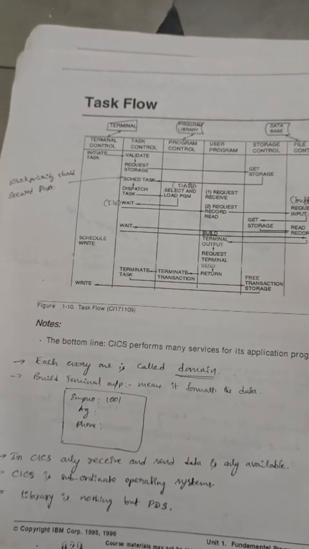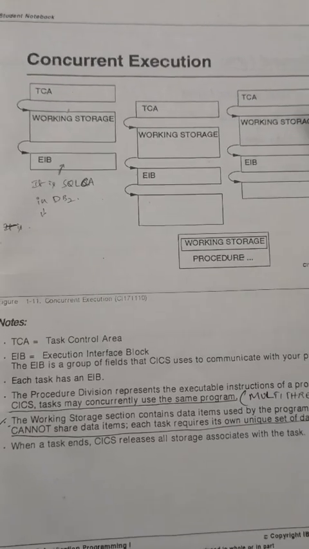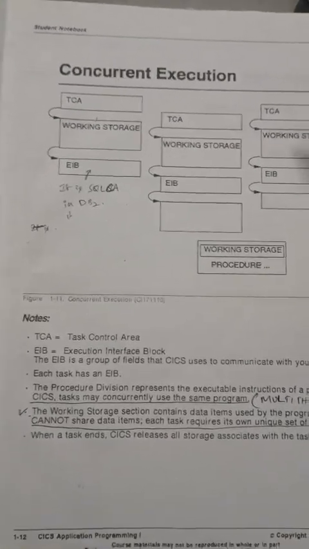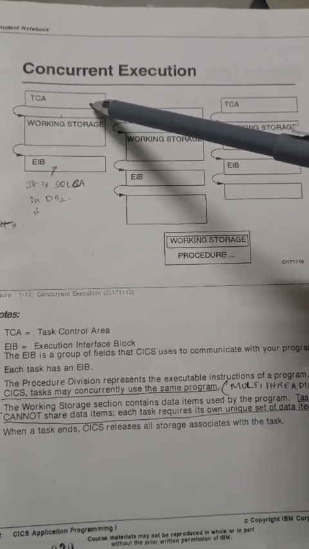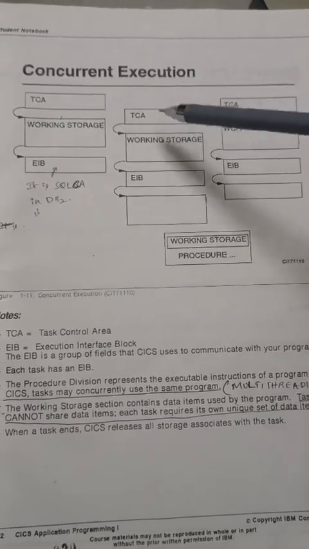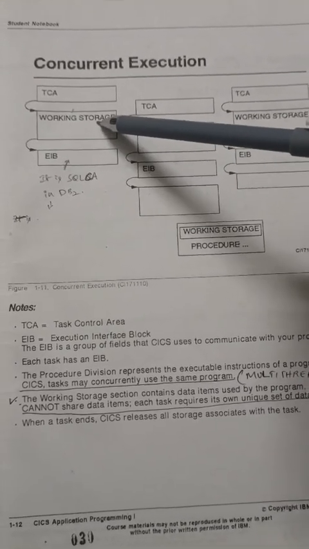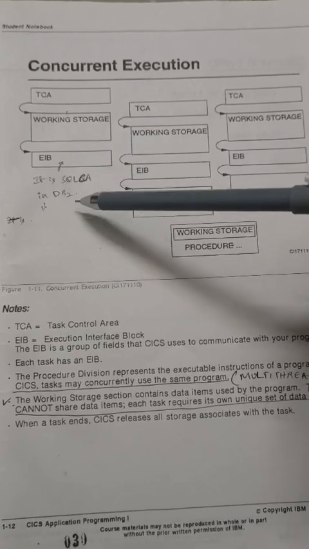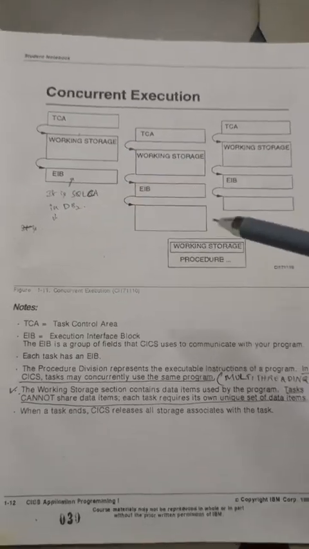Next, let's see how concurrent execution of programs works. I invoke a TCA for the inquiry and similarly for the update, and the working storage fields will be stored separately. It will create a separate working storage area for each TCA, and here I am showing the EIB, the execution interface block.